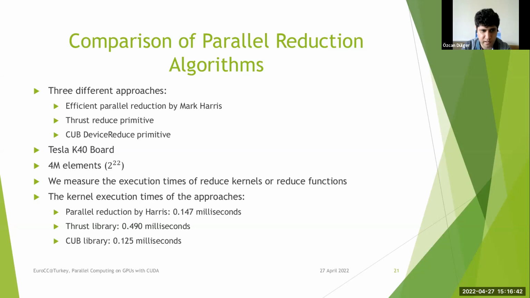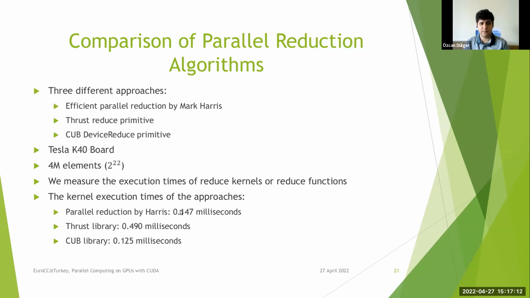I used the Tesla K40 board in the experiments, and the number of elements is around 4 million, over 2 to the power 22. We measure the execution times of the reduction kernels or reduce functions of these libraries, and the result is here.